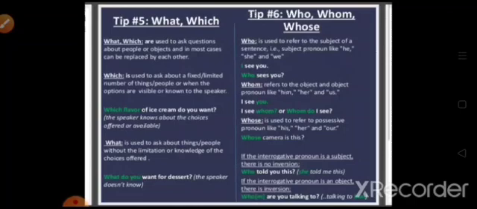Here we can see, who told you this? She told me this. If the interrogative pronoun is an object, there is an inversion. Whom are you talking to? Talking to him. So these are the examples we have to keep in mind whenever we are making interrogative sentences.